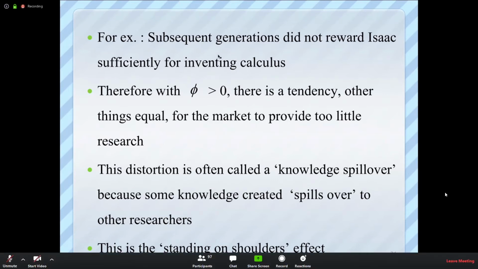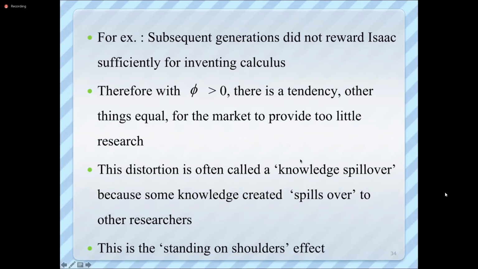We call this a standing on shoulders effect. So why is this an externality? Standing on shoulders is supposed to be a good thing. This means that you are relying on someone's research. You are not coming up with totally new research. Right? Okay, let's say the share of population involved in research increased from 20 to 30%. This increase does not mean there's 30% new ideas.